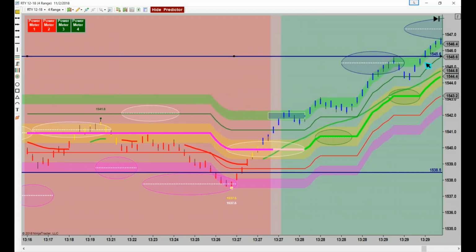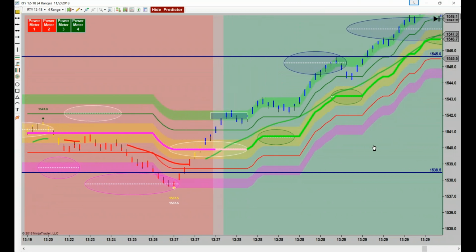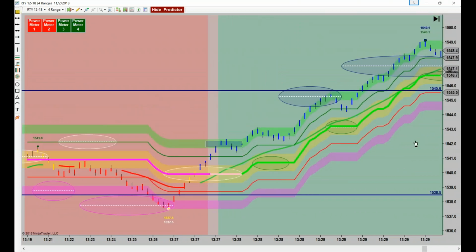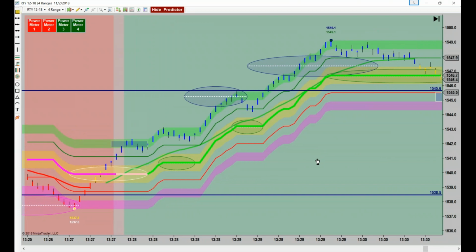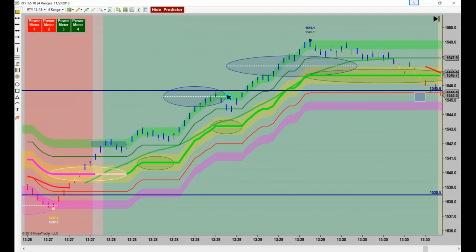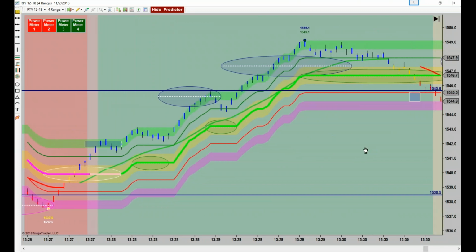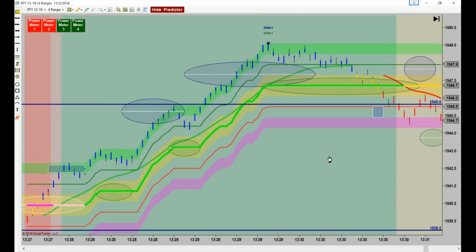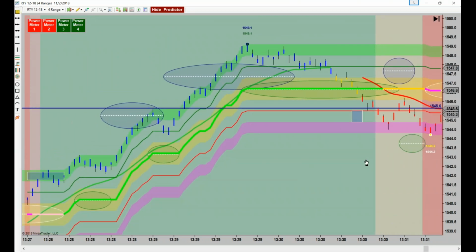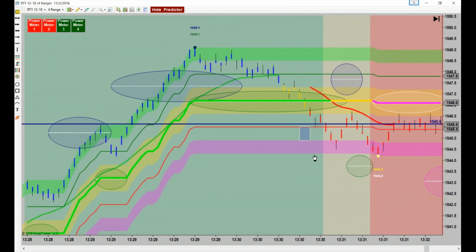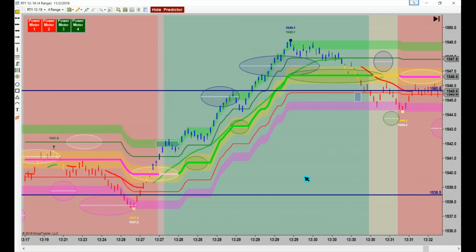If it pulls back and kisses, see, that never even kissed. There's a little kiss right there, and that turned out to be like a little phantom, not much of one. Remember, that's the one that didn't work a little bit ago, except for a scalp.